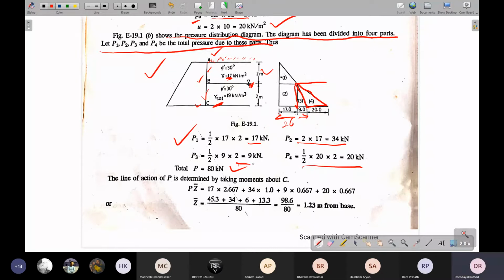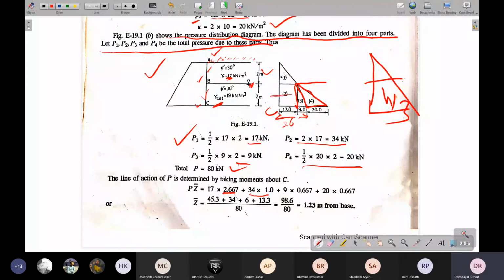Where it will act, let us take the line of action. Generally, if it is a single triangle, we can say h by 3. Since it is not a single triangle, what we have to do is take moment about the C from here. So 17, this is 17, where it is acting, first one. 2 plus h by 3, 3 by 4, 1.